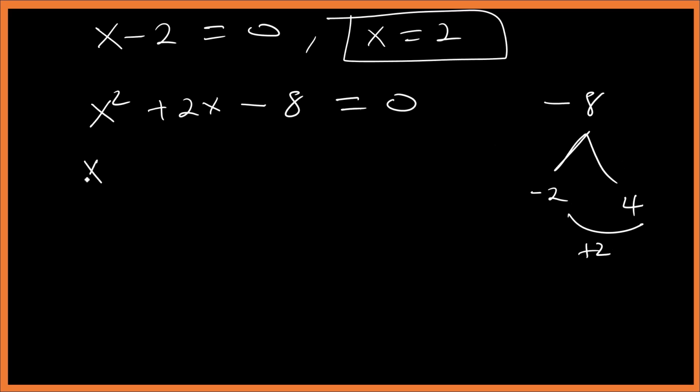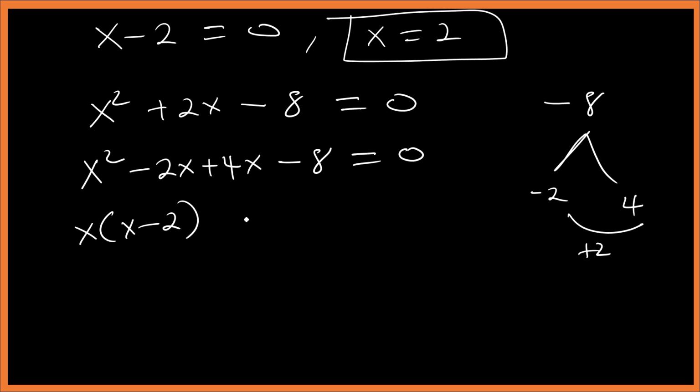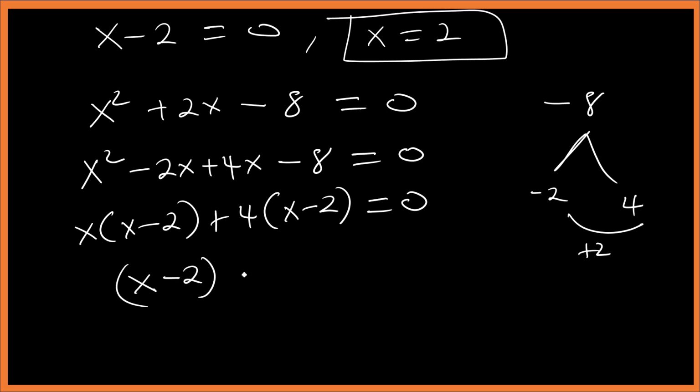So we have x squared, then minus 2x plus 4x. This side will be 2x minus 8 equals 0. So we have x out, x minus 2, plus 4, x minus 2 equals 0.